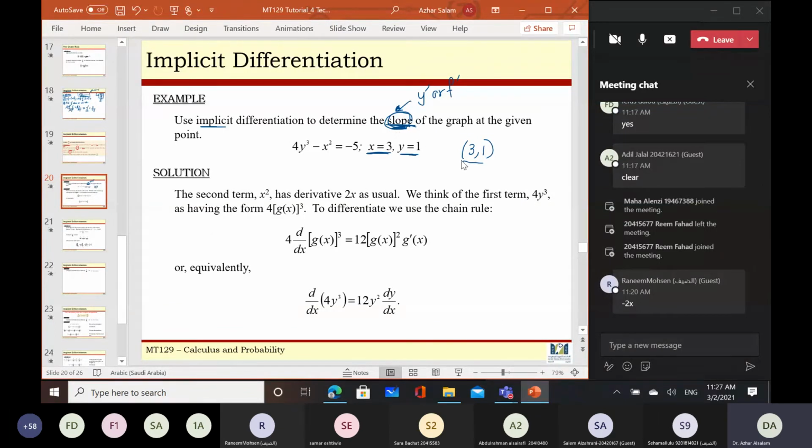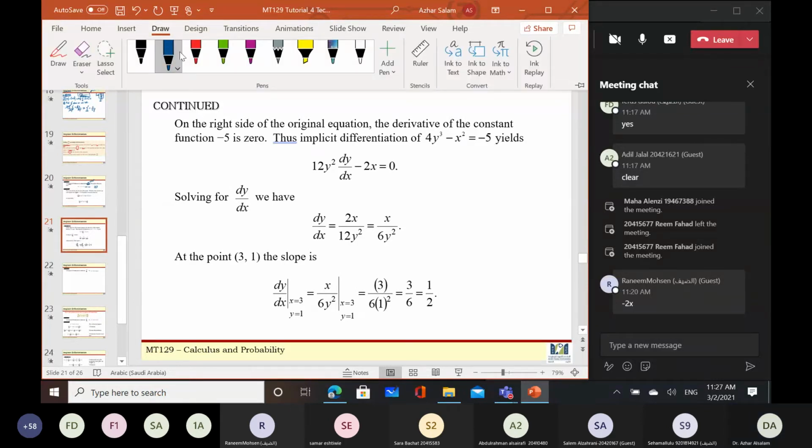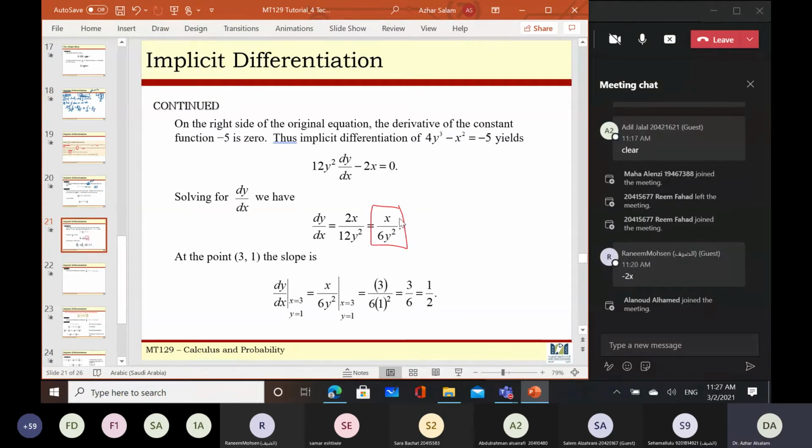After finding the derivative, this is the derivative that we already found in the previous example. Here I will substitute x equals 3 and y equals 1.